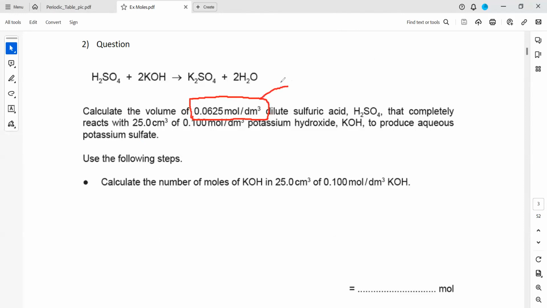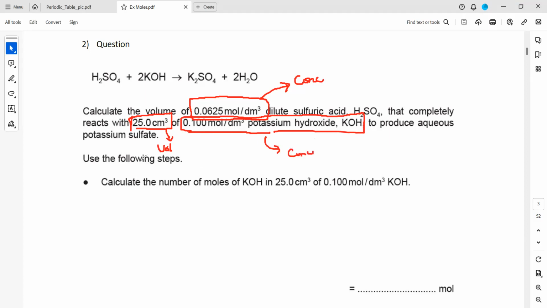Mole per dm cube is a unit of concentration, so we have the concentration of sulfuric acid. That completely reacted with 25 cm cube, which is a volume, of 0.1 mole per dm cube potassium hydroxide. This is also a concentration, but of potassium hydroxide.